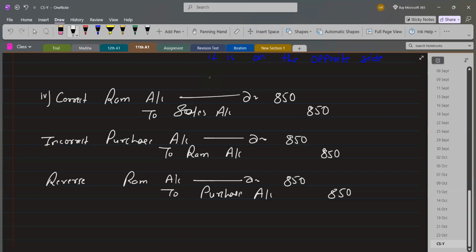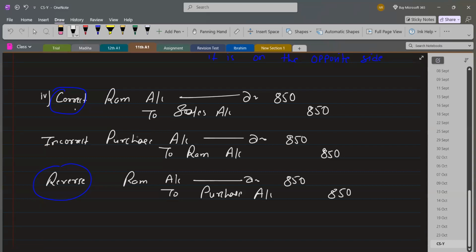So there are a total of 4 steps. For rectification purposes, we have to combine the correct one and the reverse one. Can you tell me, after combining these two entries, what will be the rectification entry?